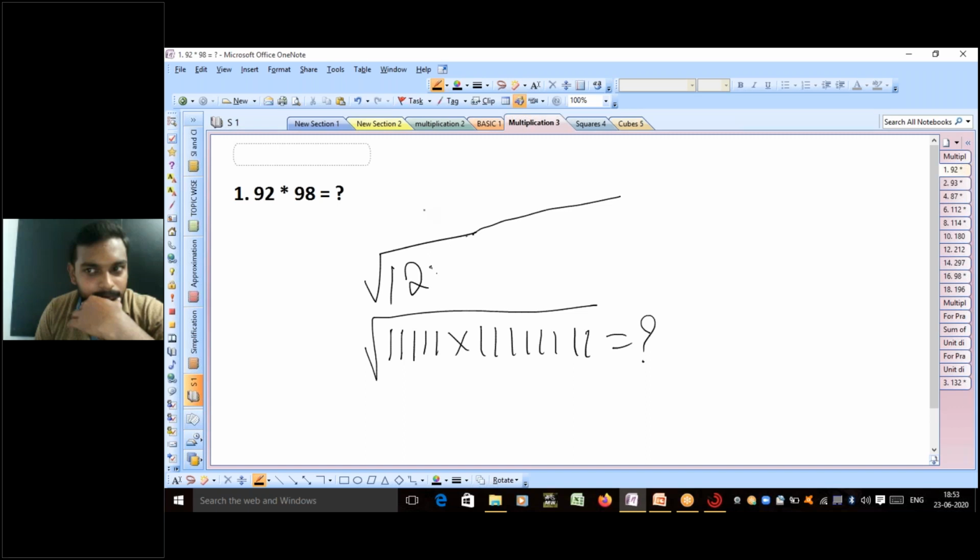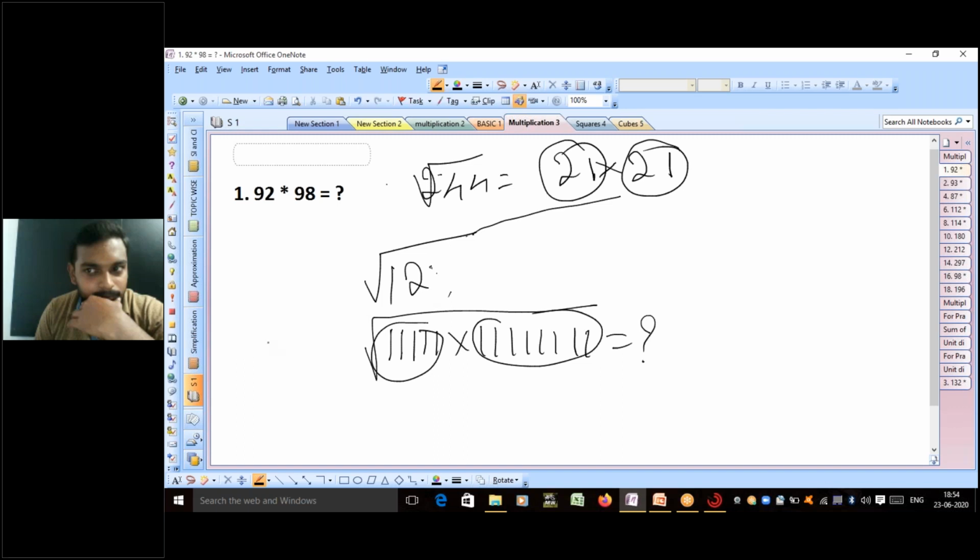No, you can't put here. If you want to take the square root, number of digits must be same, right? So, for example, the square root of 441 is equal to 21, it means 21 into 21. Here, number of digits must be same. Here, number of digits are different. You can't take the square root.